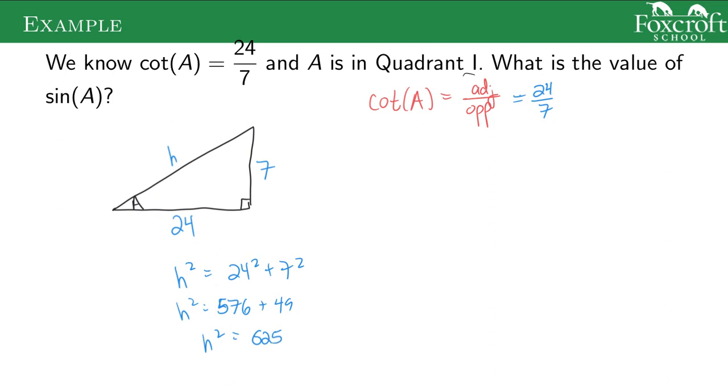Now that I have h squared equals a single number, I can take the square root of both sides. And h is going to be 25, since the square root of 625 is 25. Now I have all of this. If I think about what my original goal was, to find sine of the angle, I know that sine of an angle is, from SOHCAHTOA, opposite over hypotenuse.